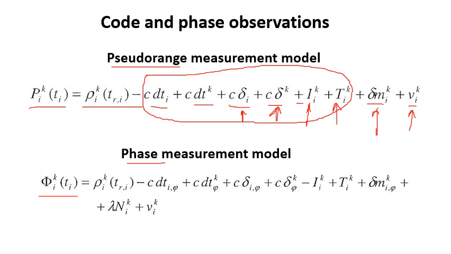But if all the model terms are already used, then we still have the measurement error, due to the imperfections of the receiver, for example. So that's why we introduce random errors here by using V.